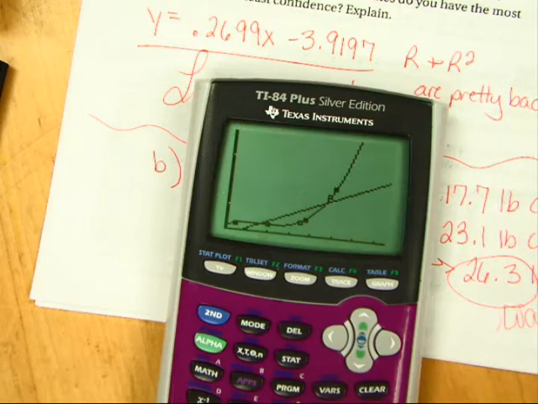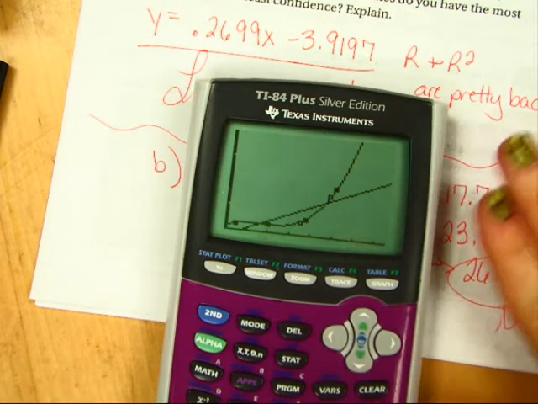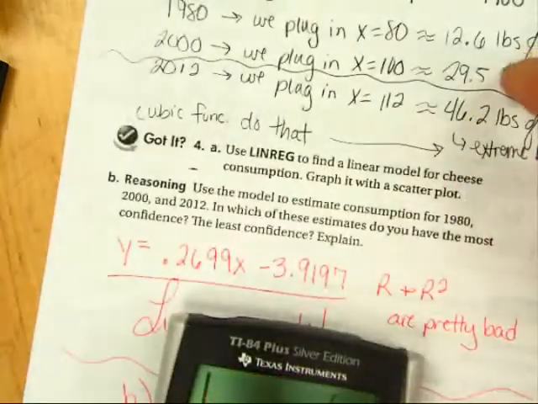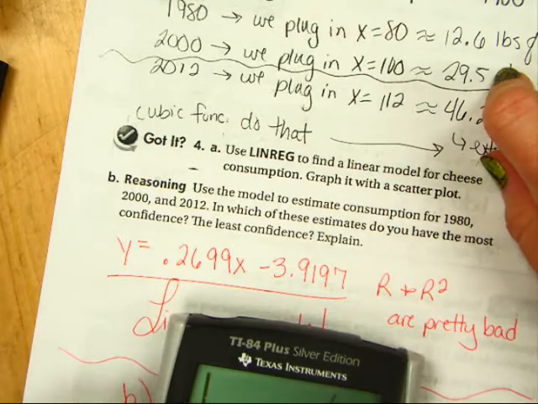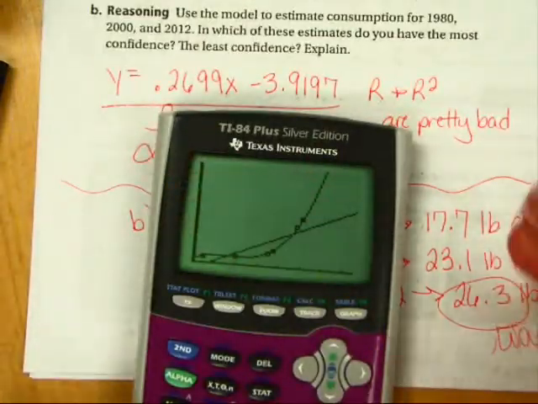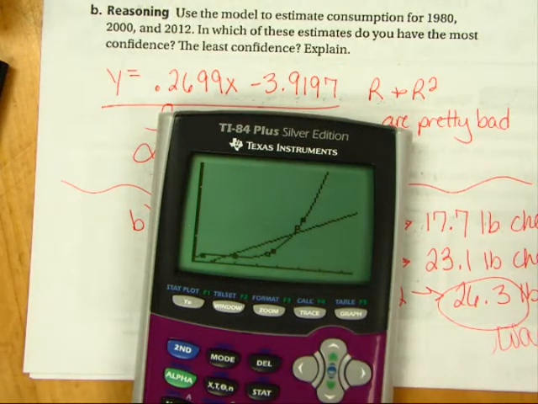It balances the dots well, but since it really isn't a very good fit, that's why the numbers we got over here were so off, and these numbers up here were so good. Okay, so I hope that clears up why one works and one doesn't. And that's it.